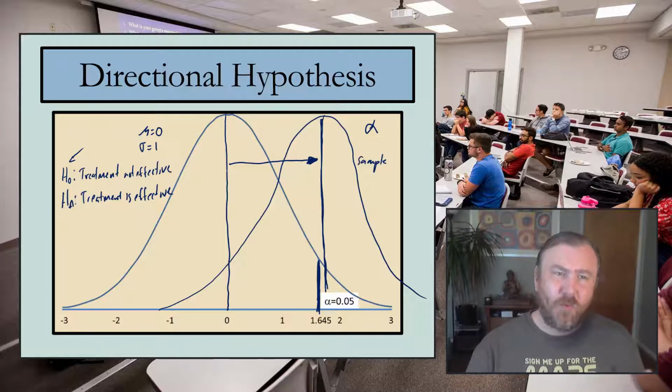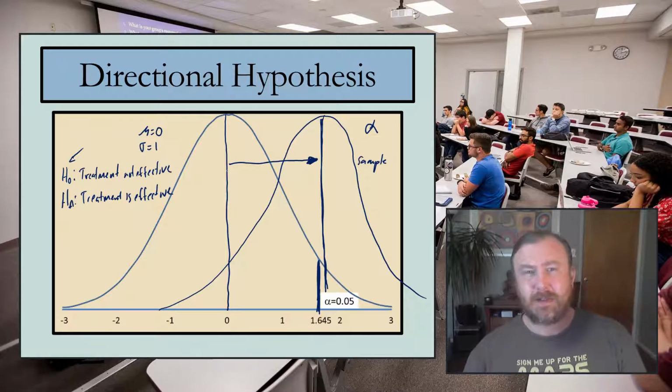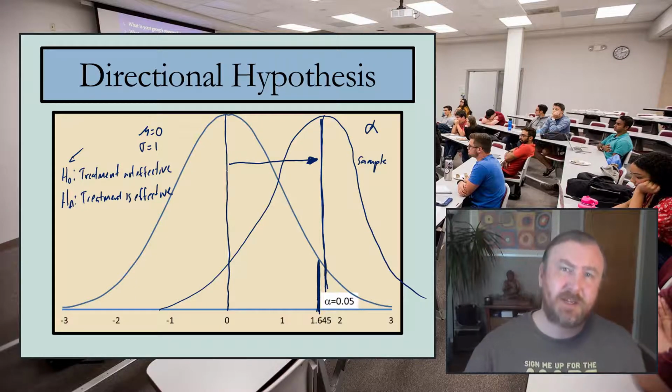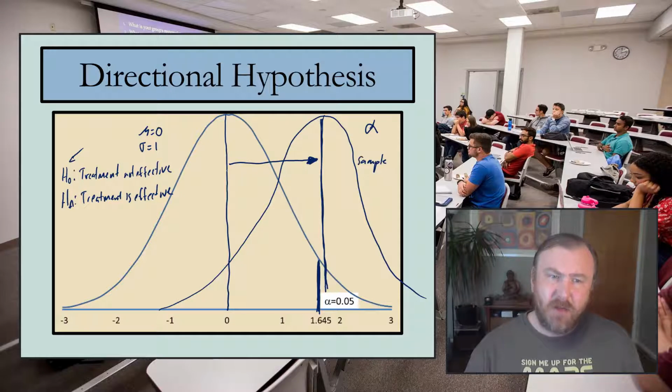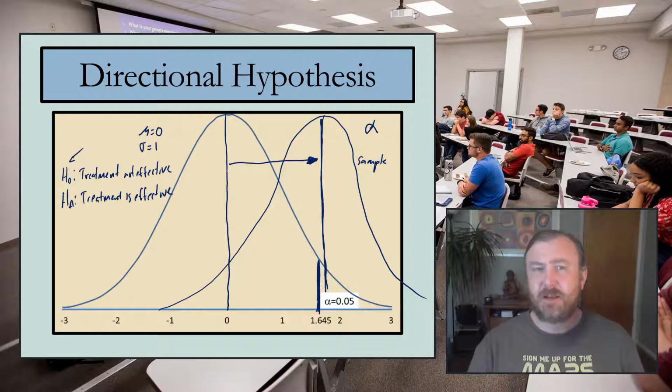But when we collect the data from the people who got treatment, if their scores are much higher than the people who didn't get treatment, well, that would probably increase your confidence that the treatment's doing something.